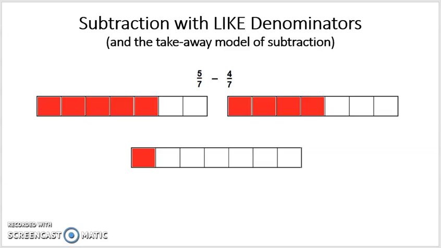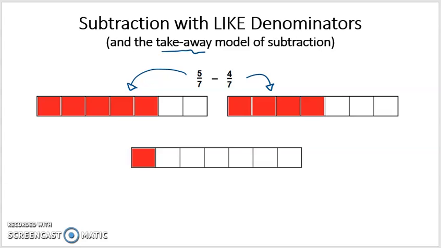Subtraction is very similar. We identify the values that represent the numbers. So 5/7 is 5 out of the 7 pieces, and 4/7 is 4 out of the 7 pieces of the seventh fraction strip. Subtraction with fraction strips utilizes the takeaway model.